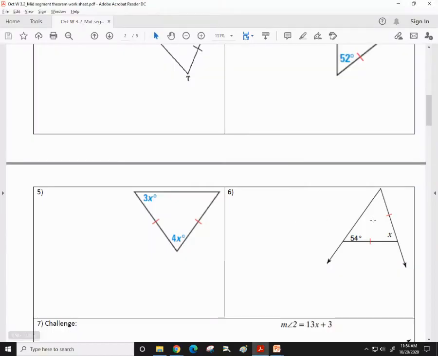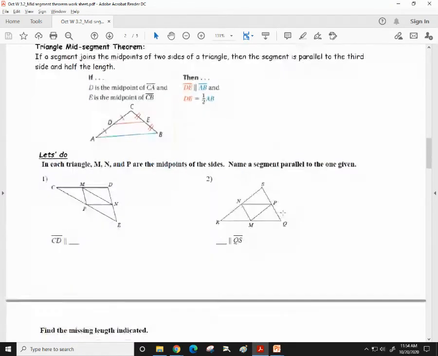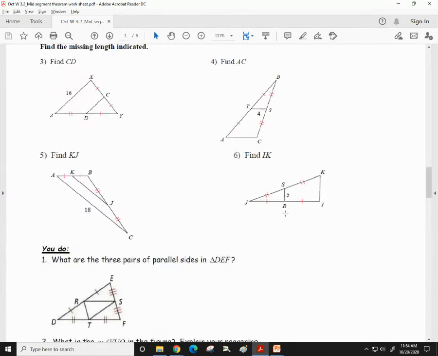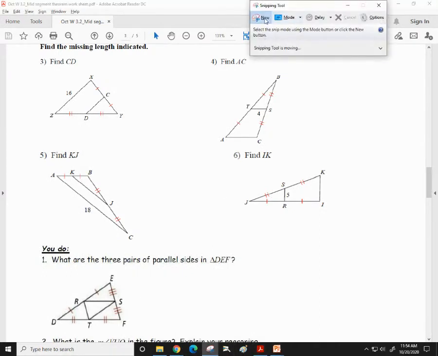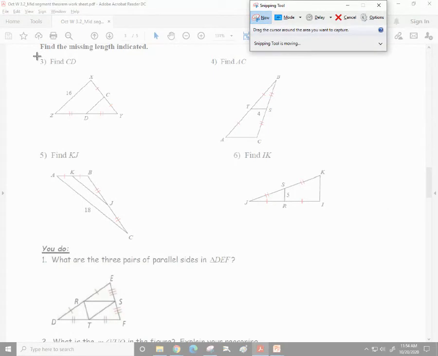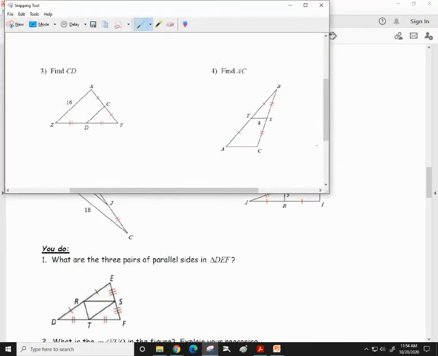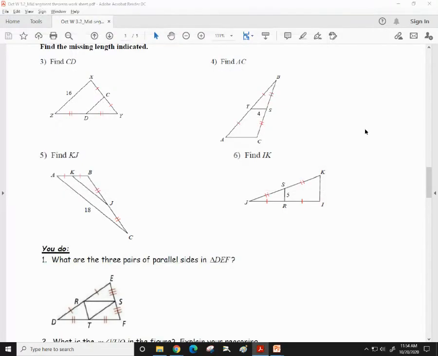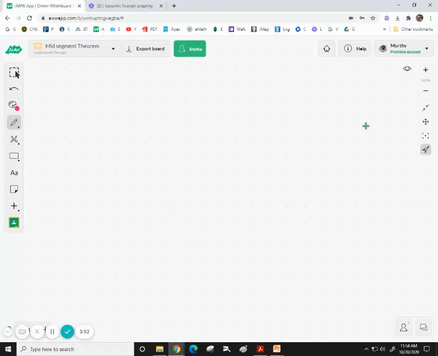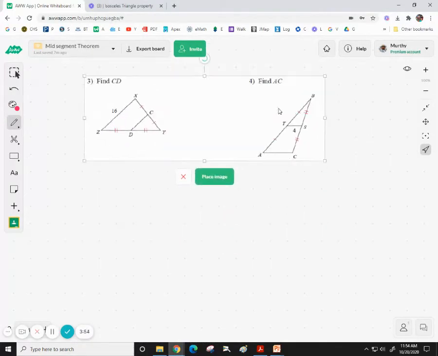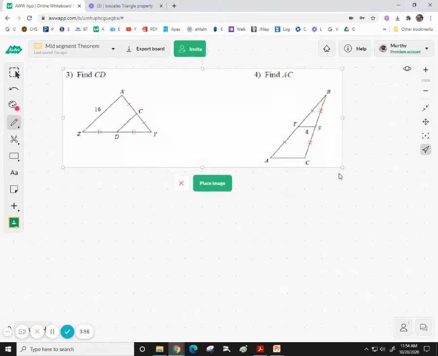Let's go to the worksheet and let me take a couple of questions. Okay, so let me copy. I'm taking two questions from the worksheet, copied here, and find the length of CD.